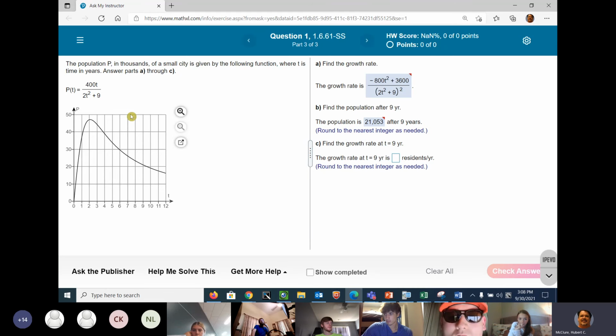P of 9 is equal to 400 times 9 over 2 times 9 squared plus 9. It says population. It doesn't say slope or rate of change. I should have known better.